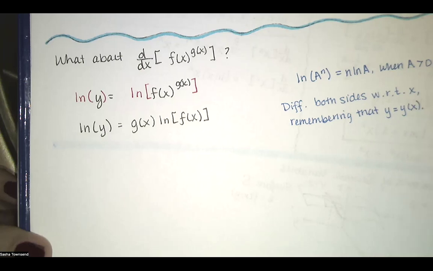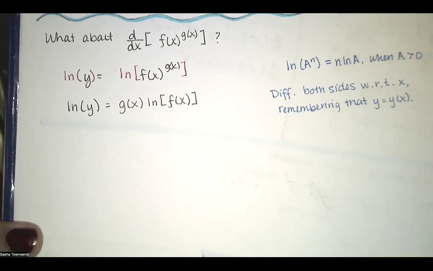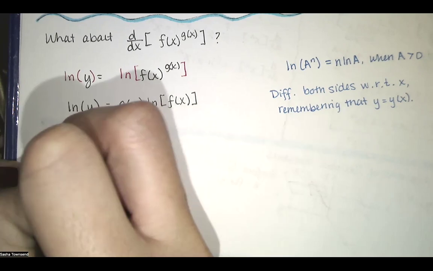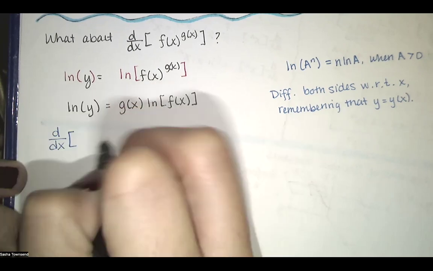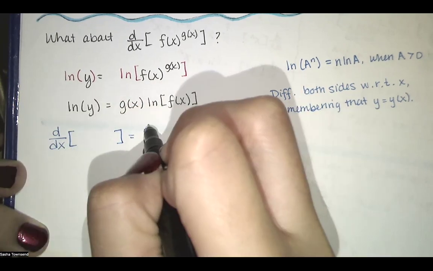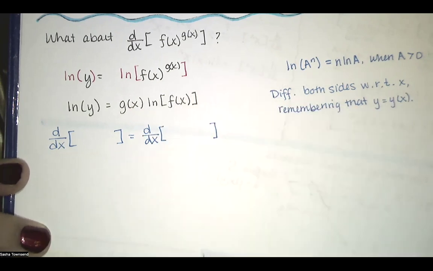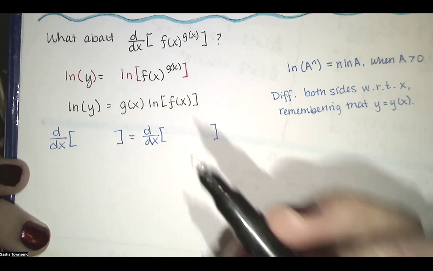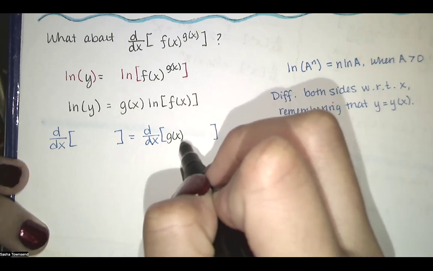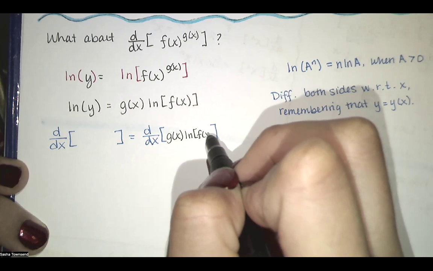I'm going to keep that in mind. With that in mind, when we differentiate both sides with respect to x, we use the product rule on the right and the chain rule on the left, or sometimes we just call it using implicit differentiation on the left.